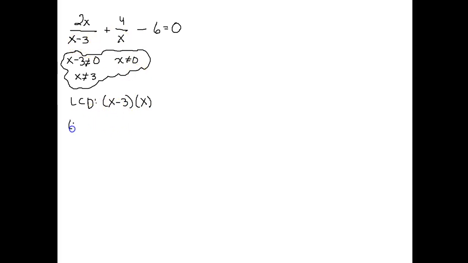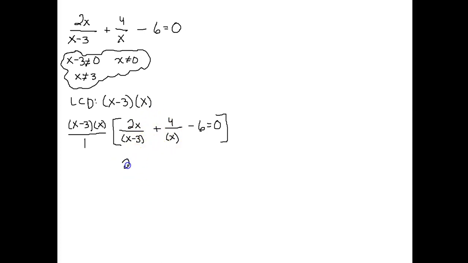And then we can take that least common denominator and multiply the equation by it to help us eliminate the fractions, which will give us an equation that we can solve to get any solutions that this equation has. But we could also end up, in this process, introducing extra solutions. So that's why we have to be careful.